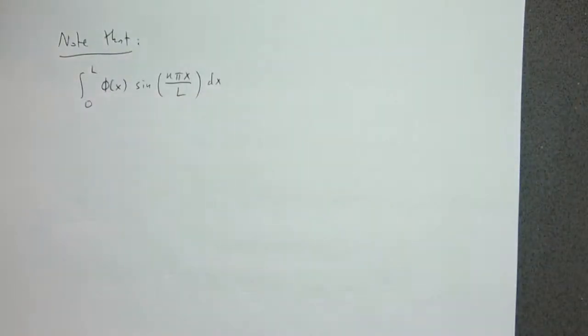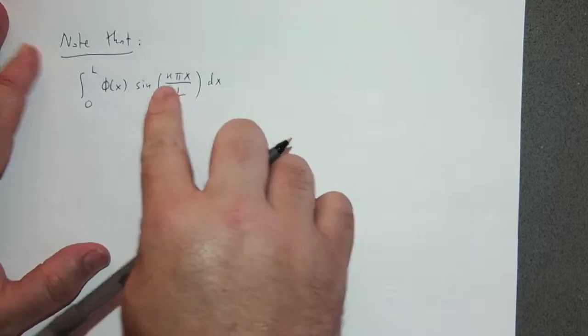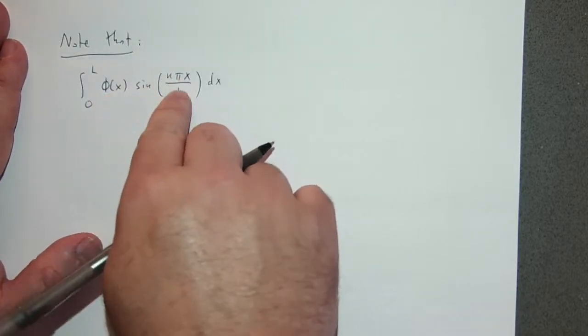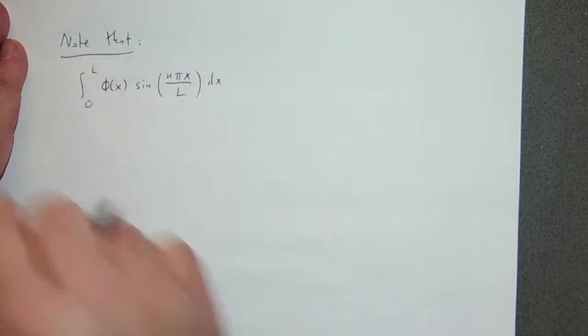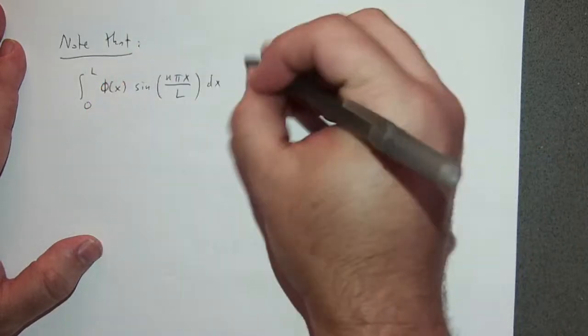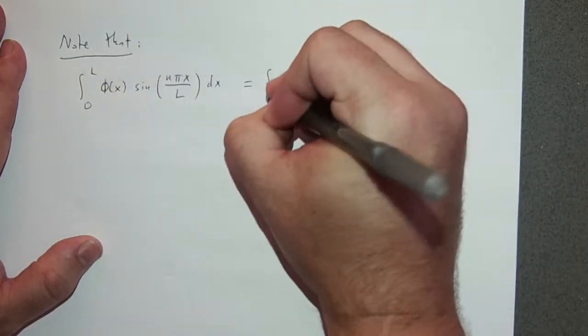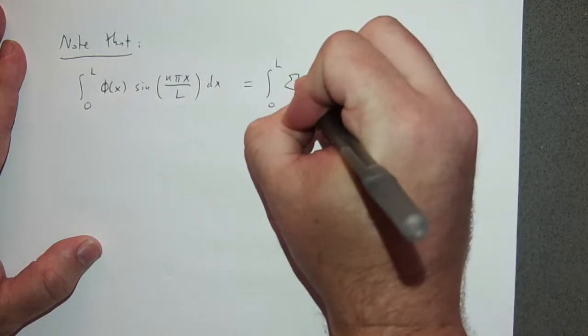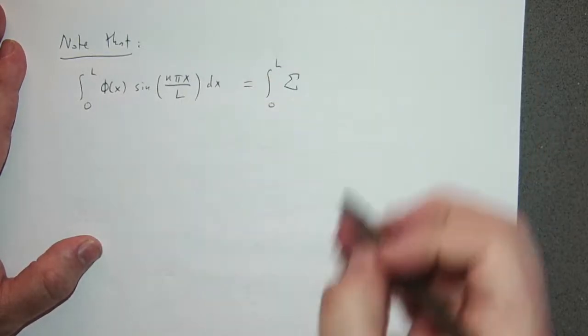Okay. Well, here, if I integrate phi against sine of n pi x over L dx over this interval 0 to L, then this is the integral from 0 to L of phi can be written, I'm going to use m as the index so that I don't confuse it with n here.